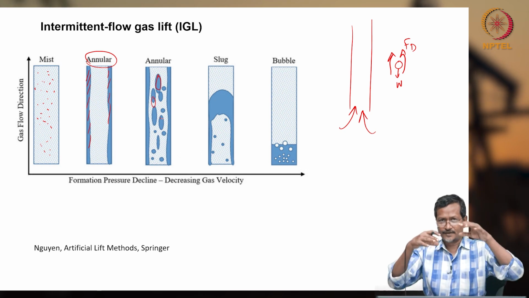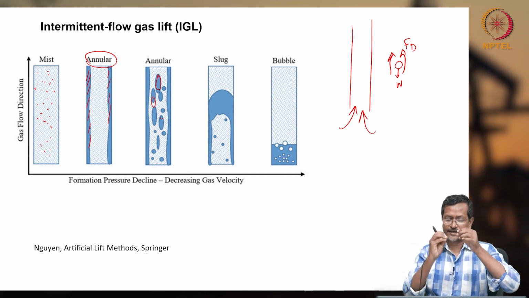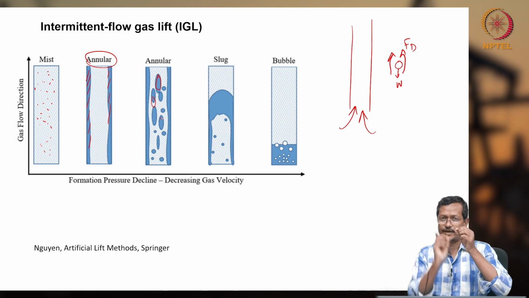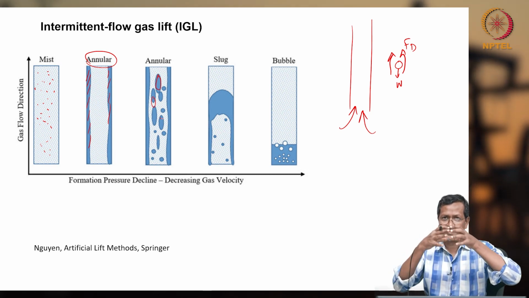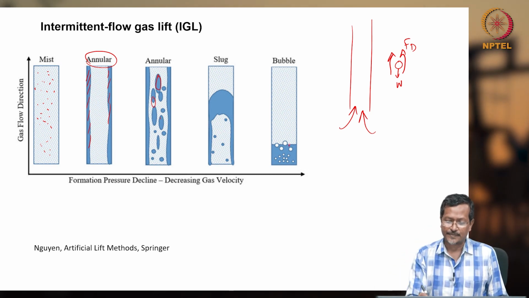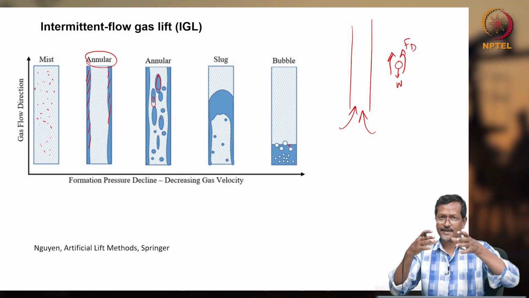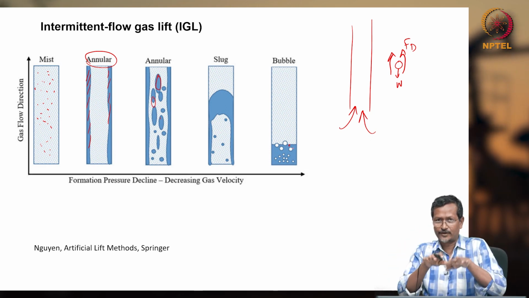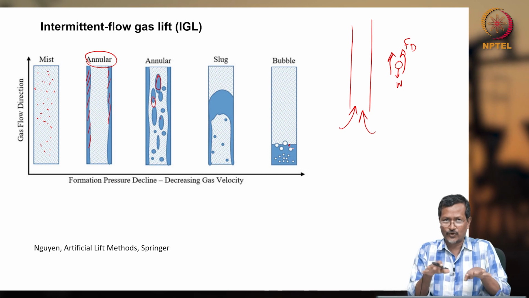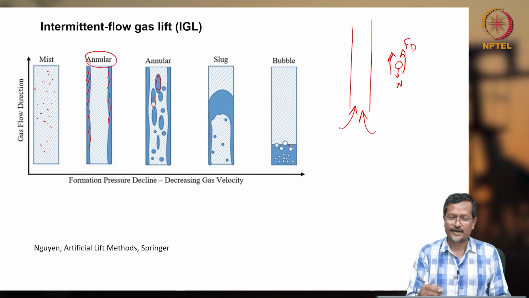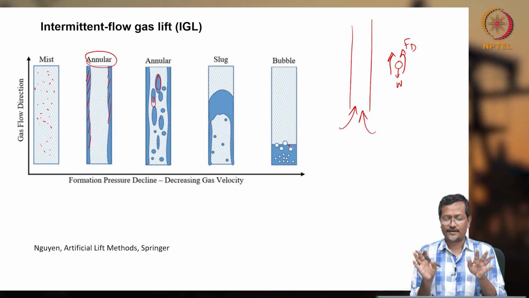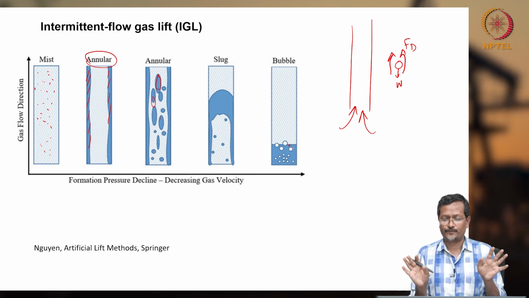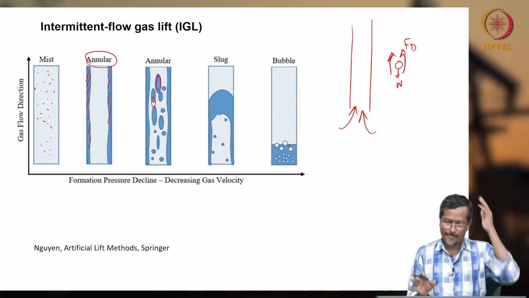Then further collision will occur and gas will try to exit from this slug area, and they will create bubbles. When they are creating bubbles, the liquid will fall back and stabilize at the bottom, and the gas will move off. The gas will not take the liquid; it says, hey, you are too heavy, I cannot carry you, you stay here, I am leaving.